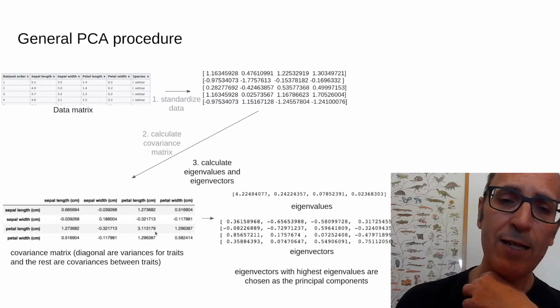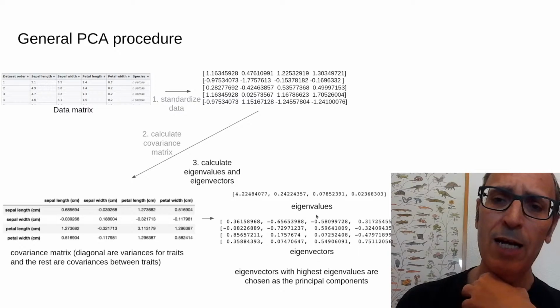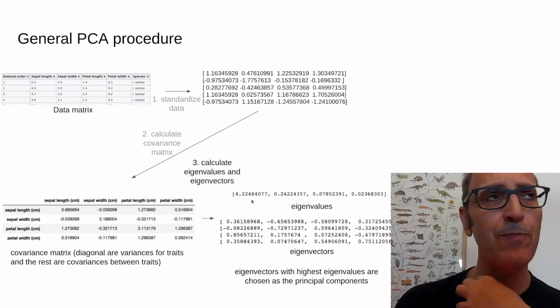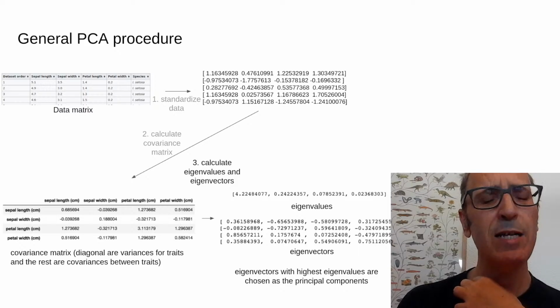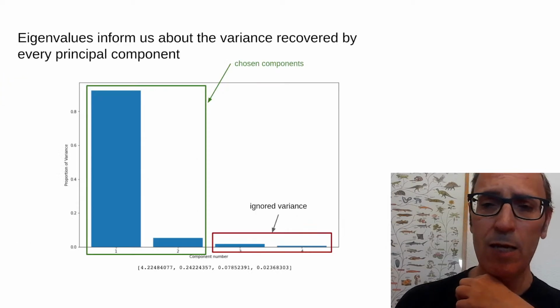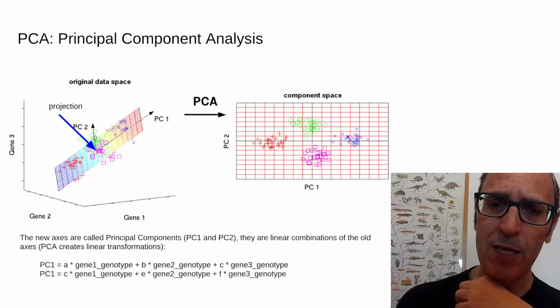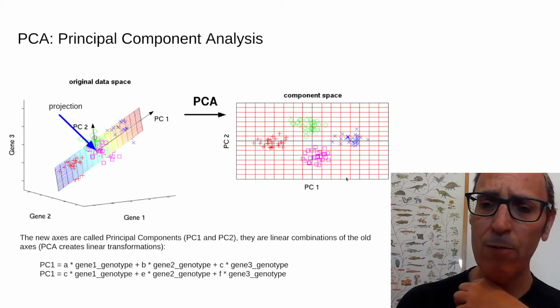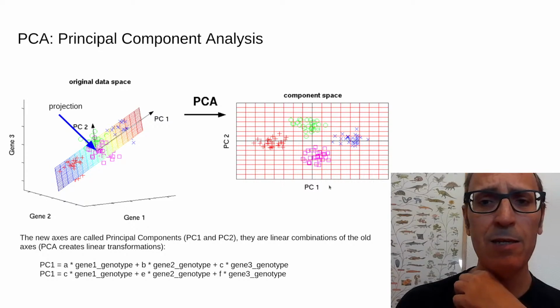And finally, to this covariance matrix, you apply a transformation and you get what are called the eigenvalues and the eigenvectors. These eigenvectors are the principal components, and the eigenvalues reflect which part of the variance each principal component gets.